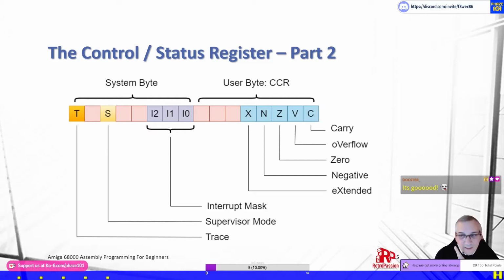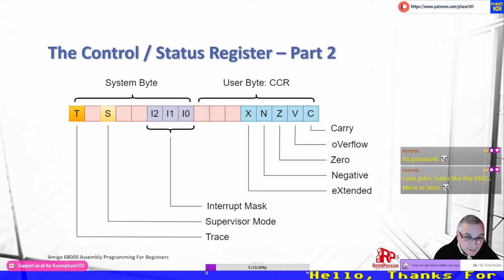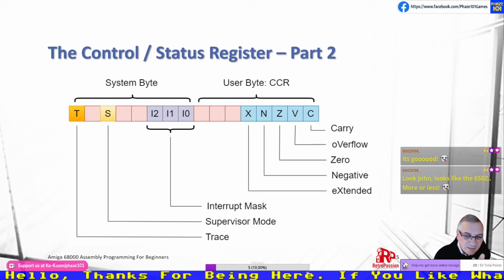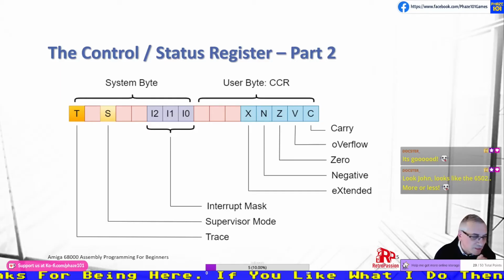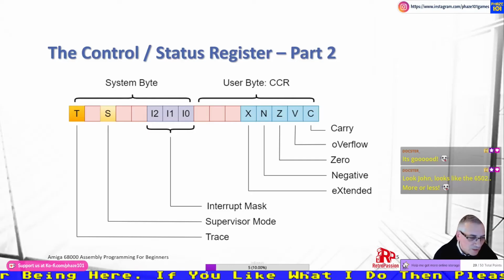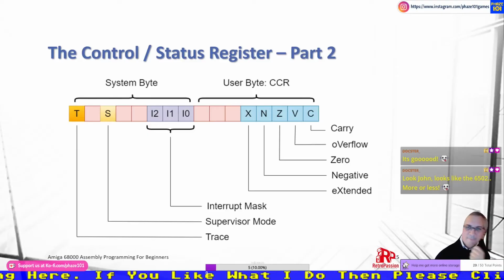I will tell you why there is an extended bit in the 68,000. There are 3 bits for interrupts, and then there is the S to go into supervisor mode and the T to go into trace mode. Debuggers use the trace mode normally.